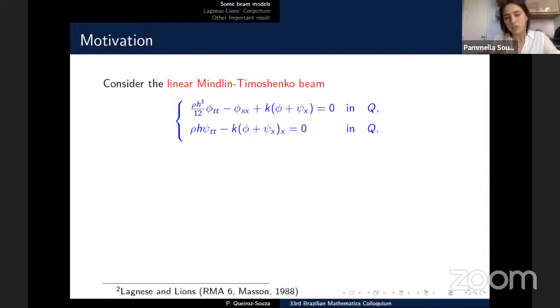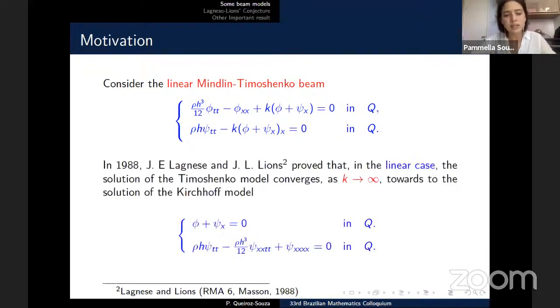We are interested in studying this problem subject to appropriate boundary conditions, but it is interesting to comment that in 1988, Lagnese and Lions proved that in the linear one-dimensional case, the solution of the Mindlin-Timoshenko system converges, as k goes to infinity, toward the solution of the von Karman system.